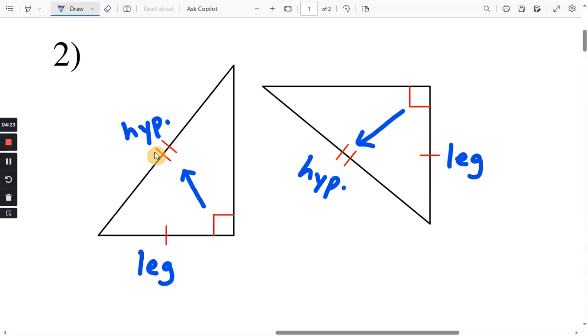As you can see, we have hypotenuse matches hypotenuse, and we have a leg that matches a leg. So the triangles are congruent by HL, hypotenuse, leg. The hypotenuses and the legs both match.